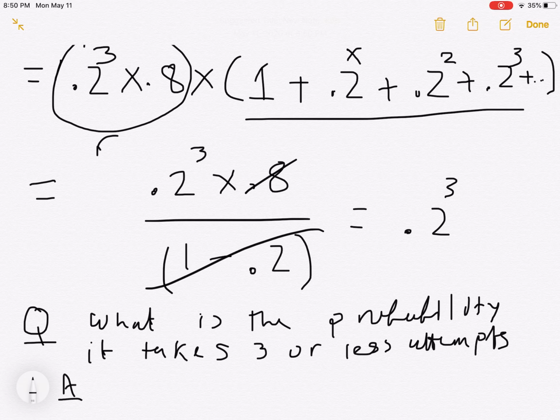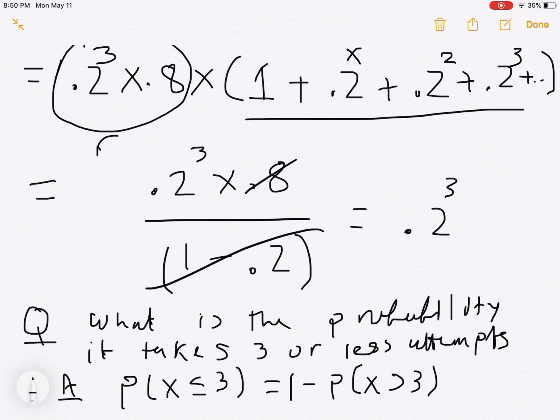And if I was to do that, this is asking probability x is less than or equal to 3, which is finite. I could calculate that very easily. But since I've already calculated the probability x is bigger than 3, well, that's the complementary event. And I could just say this is 1 minus 0.2 cubed. And that would be the answer.